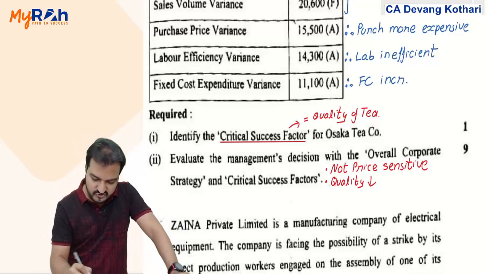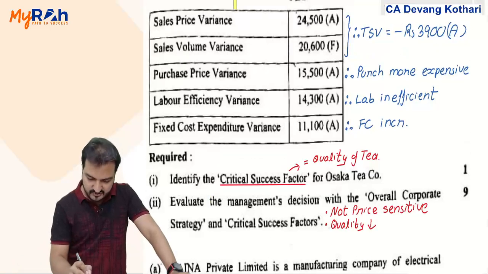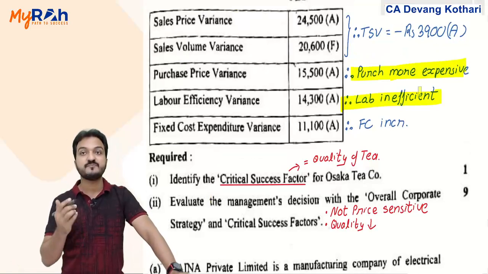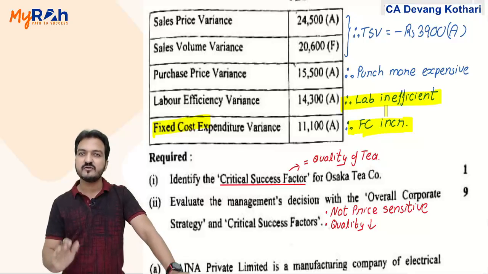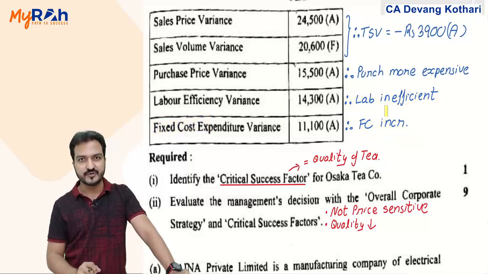Yes, plus you also write these interpretations that because of management decision my purchase have become more expensive, my labor has become inefficient, and my fixed cost has also increased. Hence conclusion, management decision to decrease the price was not a very good decision here.